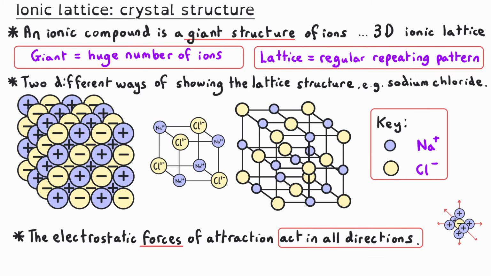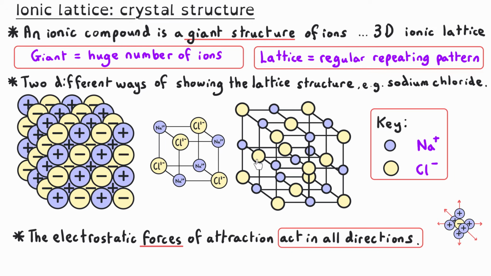Another way to show the lattice structure is to have a cube marked out by lines and to have each of the oppositely charged ions at the points where the lines meet. And so you can see that the 2 different structures do look similar. They have in common the fact that they have both got different particles.